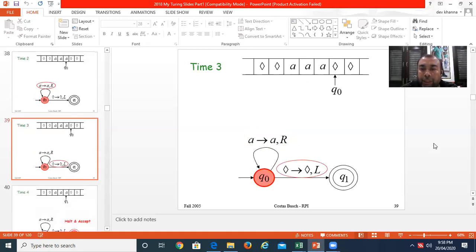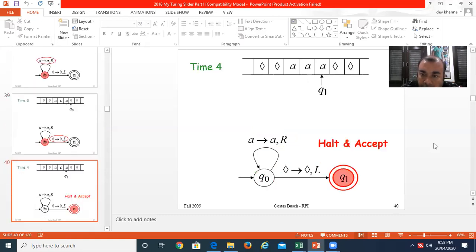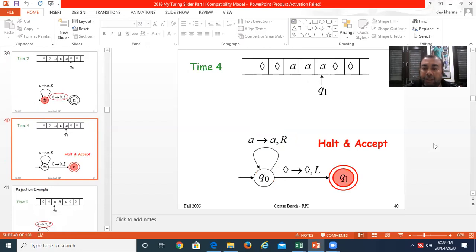Yes. What happens? You are in state Q0, you are reading the blank symbol from the input tape. Blank symbol remains blank symbol. You switch to the left hand side, which is the Q1 state, and halt here.